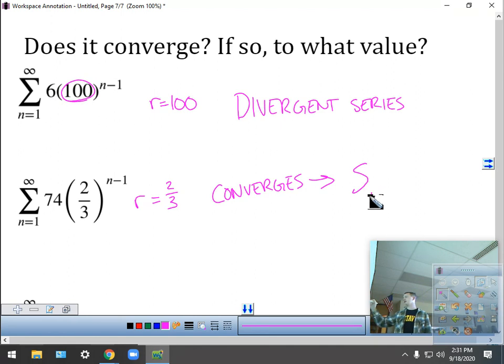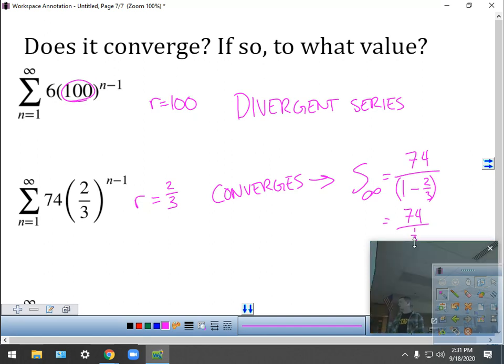So S infinity is 74 divided by 1 minus 2/3, which is 74 divided by 1/3. Now I'm going to get a little fancy here just because I don't have a calculator right here.